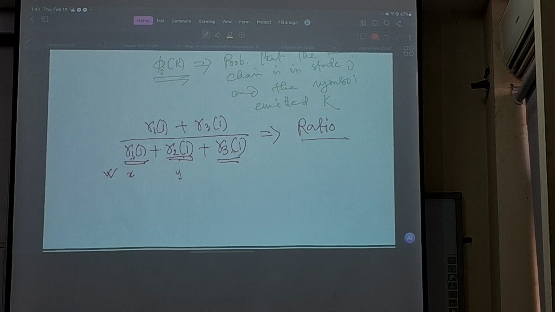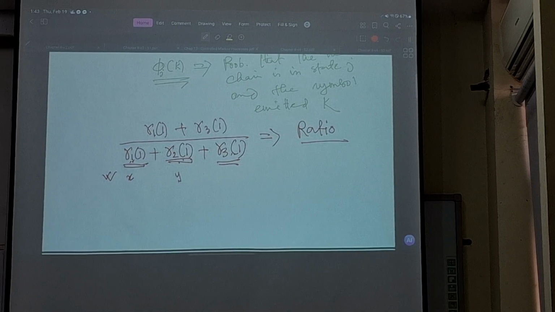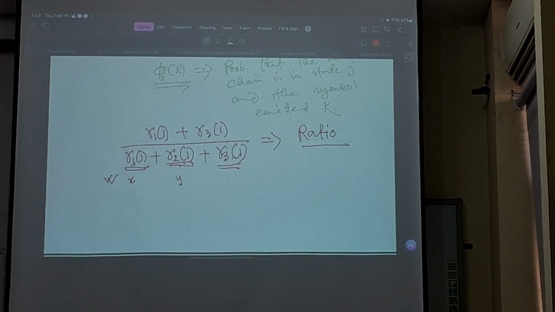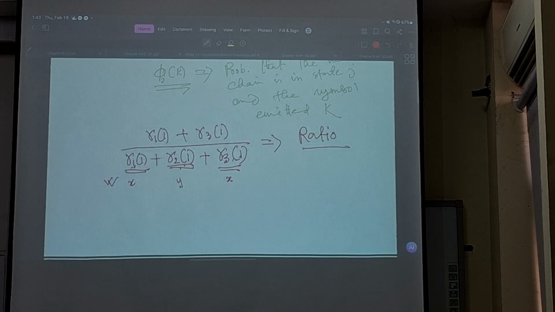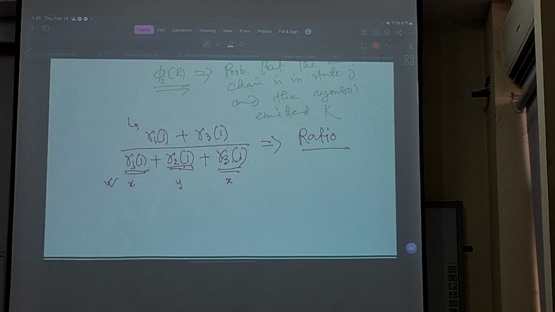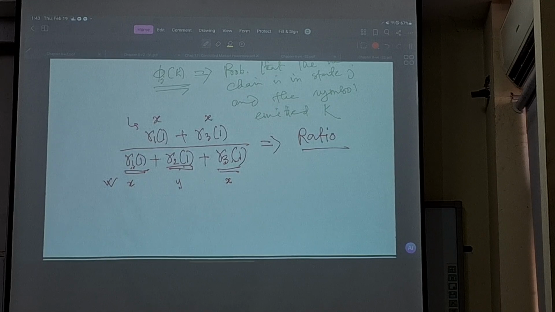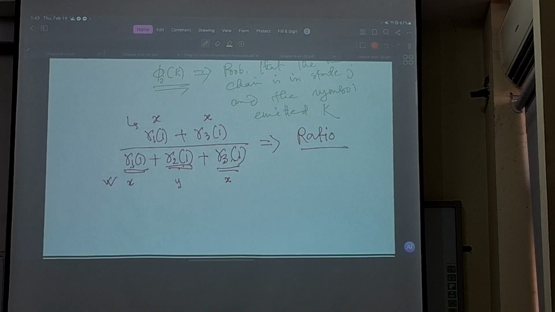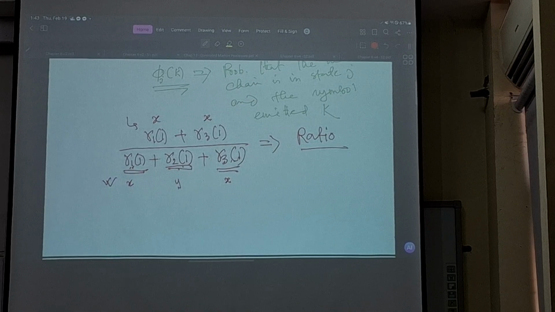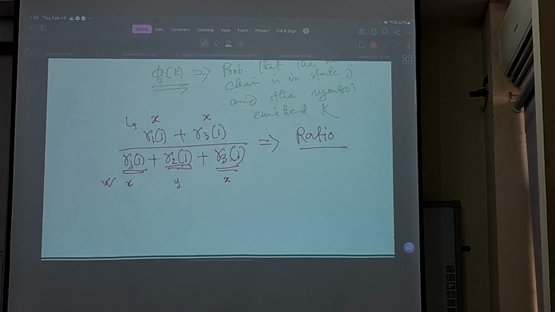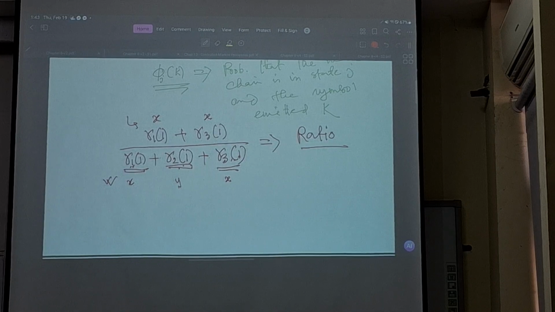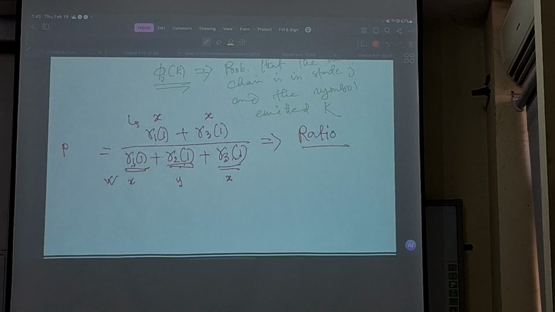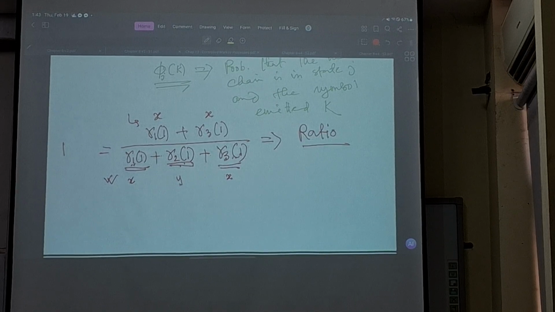This one represents that at time 3 it was in state 1 and generated symbol x. In the top, we are considering only those where only symbol x and x are emitted. This ratio represents where the process is in state i, but only generates symbol x. So this ratio in fact is representing what? Understand?